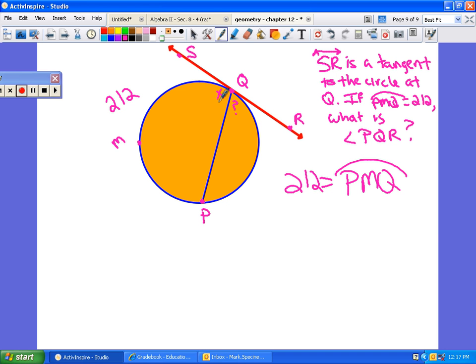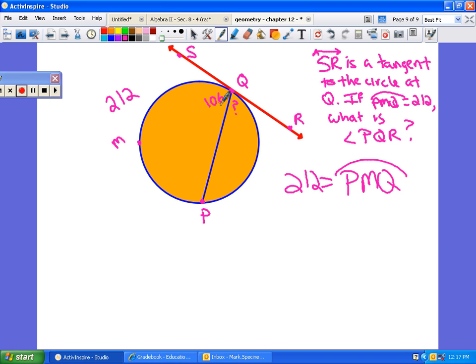If that arc is 212, what's the value of x? 106. How do we know that it's 106 then? Exactly. We just wrote down the theorem that says that an angle formed by a tangent and a chord is half the measure of the intercepted arc. So if my arc from Q to P is 212, half of it is 106.